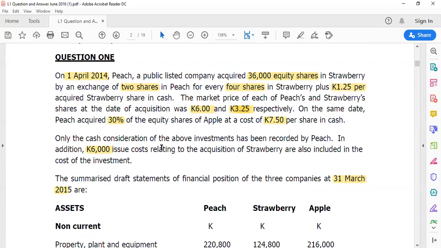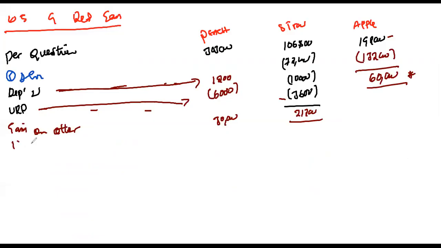We're going to reduce the profit because it was a cost. Label your workings properly. The issue costs should be reduced because those are expenses. We remove the 6,000. We've removed the 6,000, we've added the 1,200 and the 30,000. So there's nothing else now.